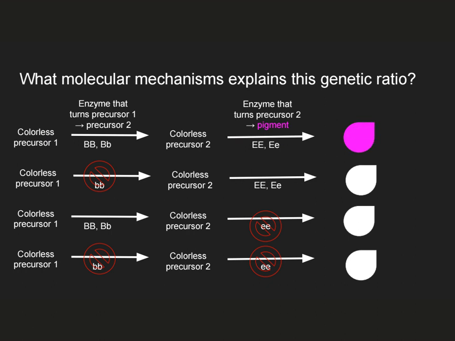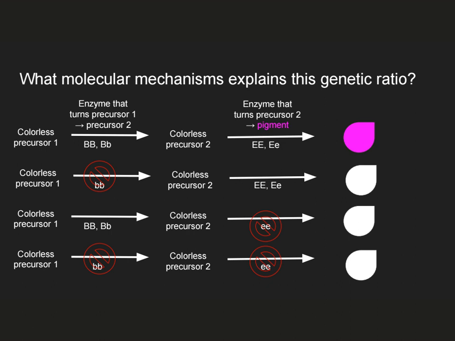On the other hand, if any one of these enzymes is lacking, then those flowers will all appear white because either the first precursor can't be made, so it doesn't matter what the genotype is at the second enzyme because it requires that precursor, or the first precursor is made, but the second enzyme isn't functional, so it can't produce the purple pigment. Or both could be non-functional. Therefore, the precursor and the pigment is not made.